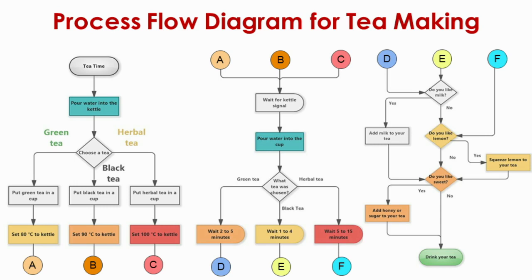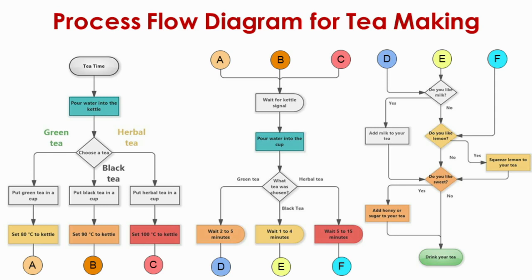Based on these different decisions, you can add different processes, like set different temperatures of the oven or the kettle.